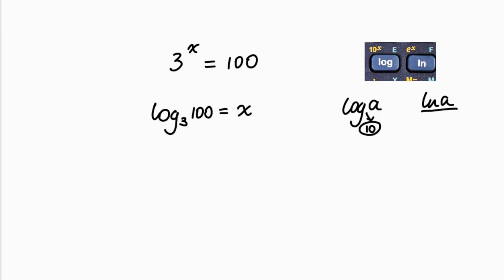When you change the base, and it's not just log of a number, but a different base, log base 3, then in order for you to solve for x, for the exponent, you need to do log of the answer that's being produced divided by log of the base.